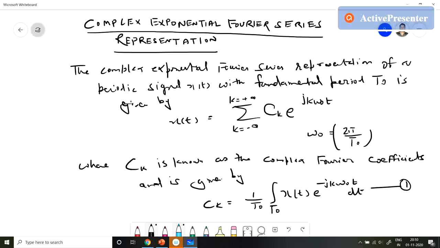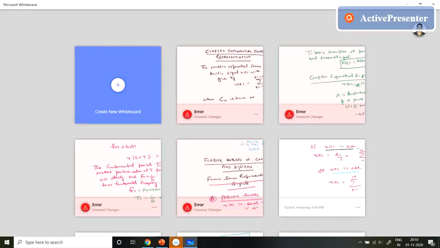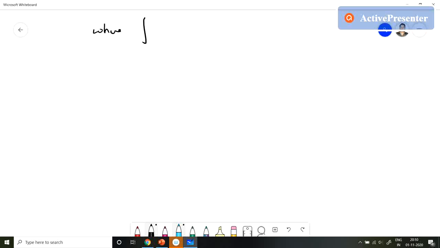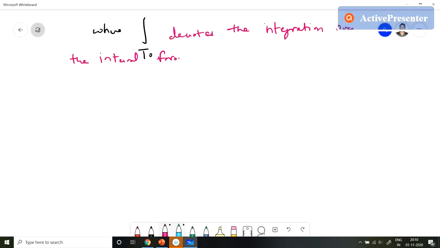Now what is this integral? Where this integral over T naught denotes the integration over the interval from 0 to T naught, or from minus T naught by 2 to T naught by 2.